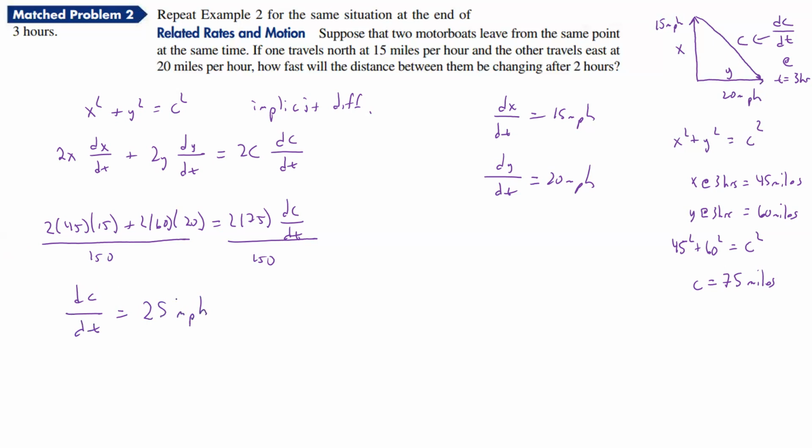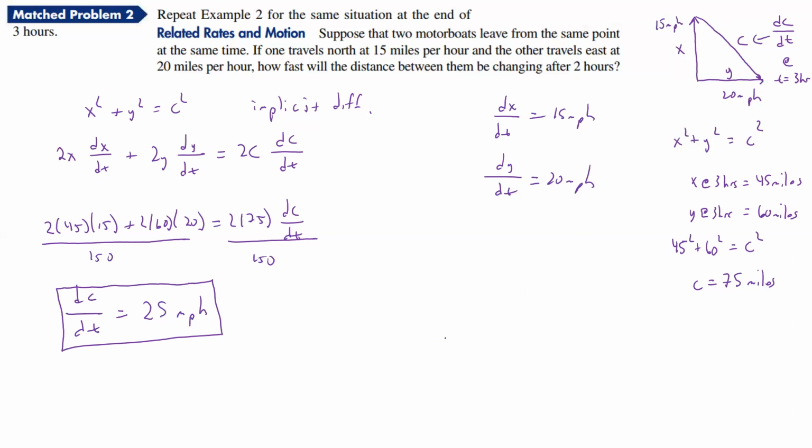And so that is how C is changing when this one's going up 15 miles an hour and this one's going to the right by 20 miles per hour: the distance is changing by 25 miles per hour.